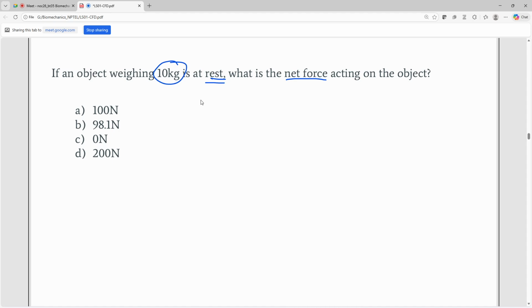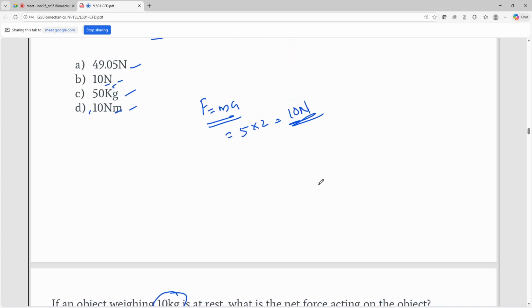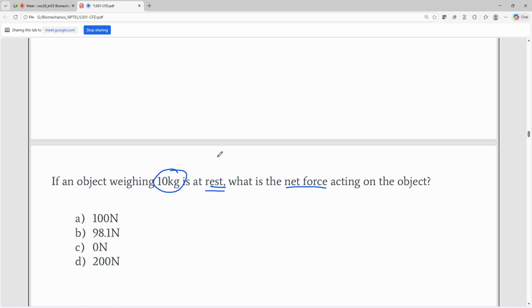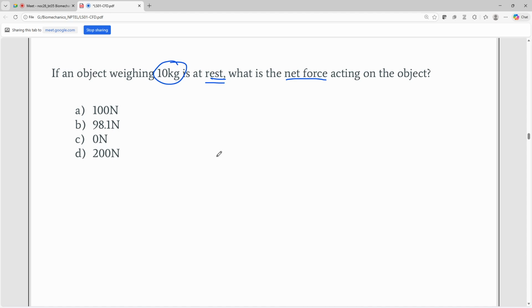So again, this is the link between these two questions. In the previous question, the object was weighing 5 kg, and F is equal to ma was easy. We calculated 10 Newton. That was the answer. So the next question is this. Everybody will first think F is equal to ma is again the question.